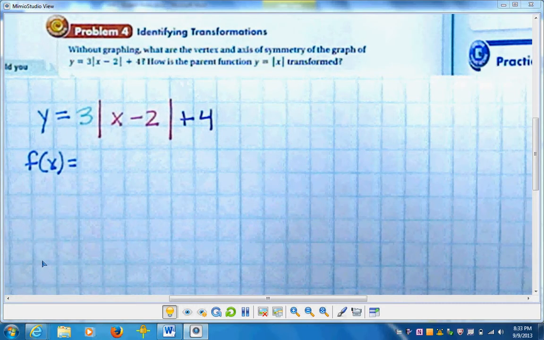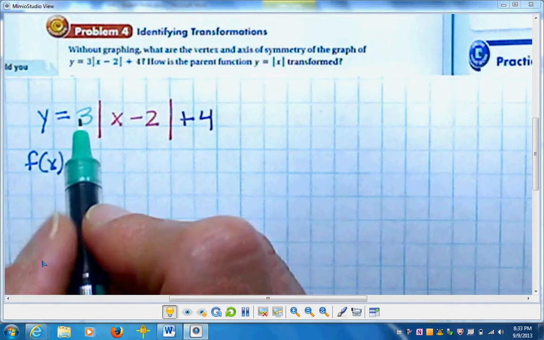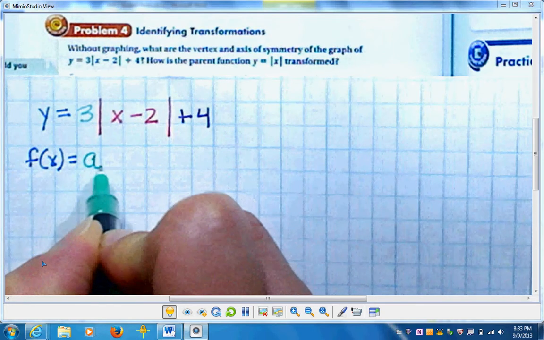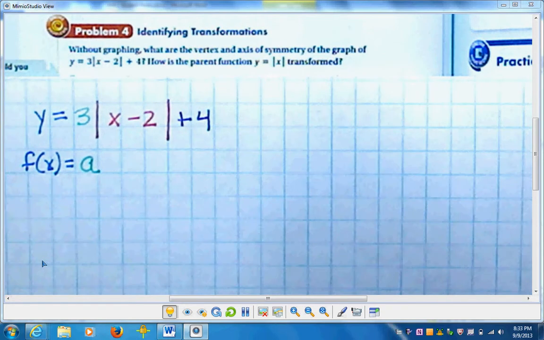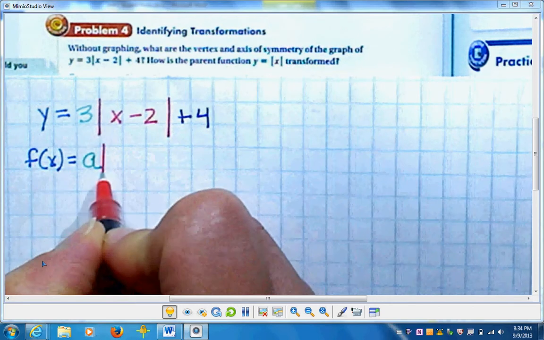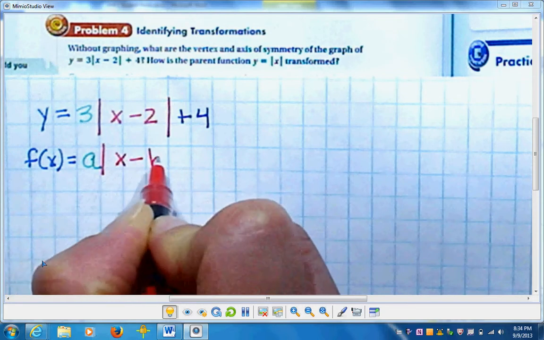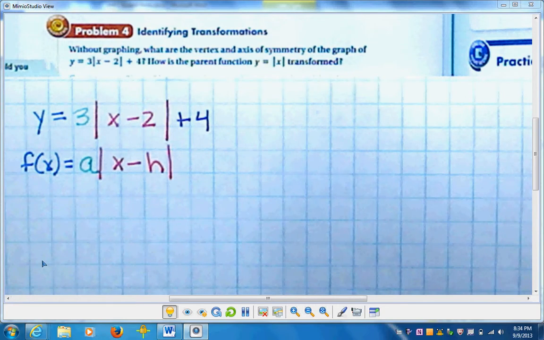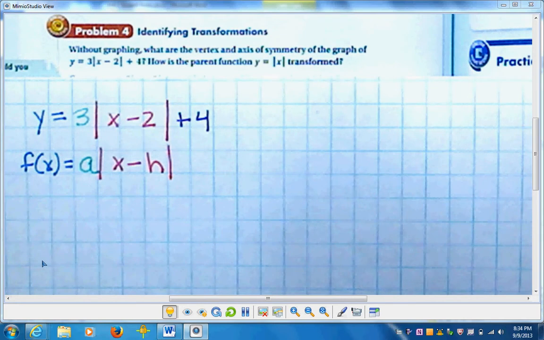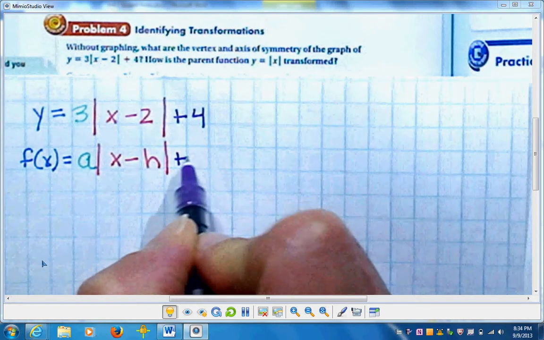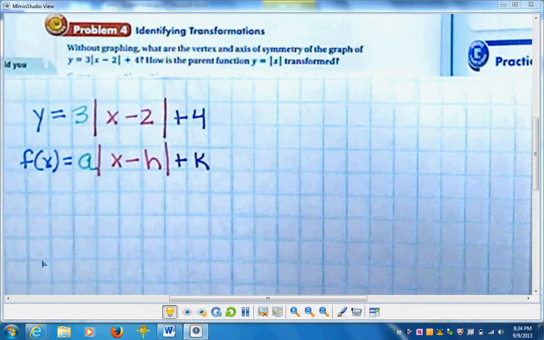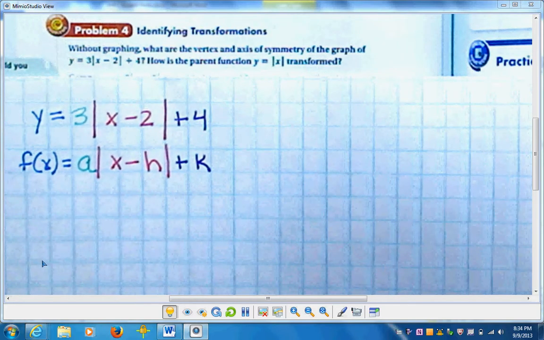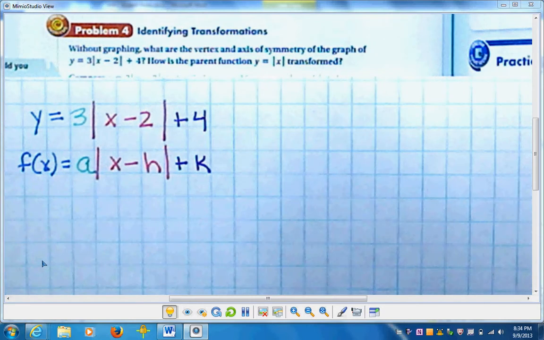And instead of the 3, I'm going to put a variable a, and then I'm going to have my absolute value of x minus h plus k. Okay, so each of those letters means something. So let's look at what each of those letters mean.